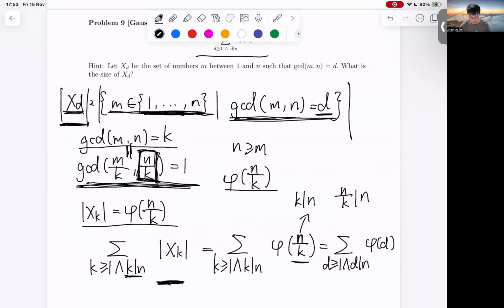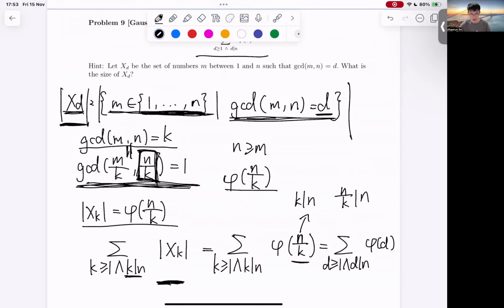So x_1 is all of those elements whose GCD is 1, and x_2 is all of the elements whose GCD is 2. So if we iterate through all of these possible divisors of n, it should cover all of the elements in this set, right?